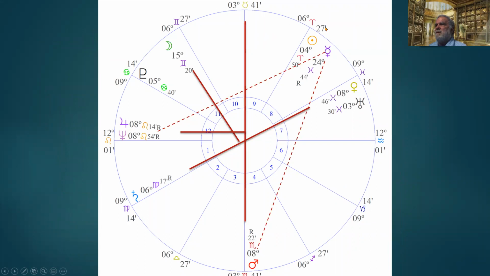And Mercury is specifically sesquiquadrate to Mars, Jupiter, Neptune, and the ascendant. So there's a lot of stress here in the lung area, and it explains why the constants could come in there. And he died of lung cancer.